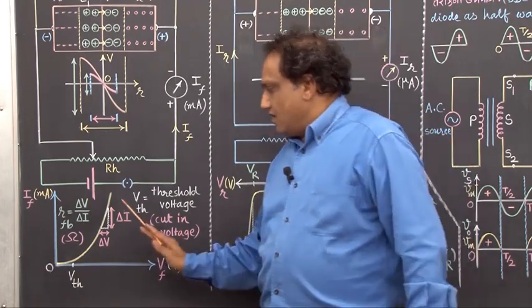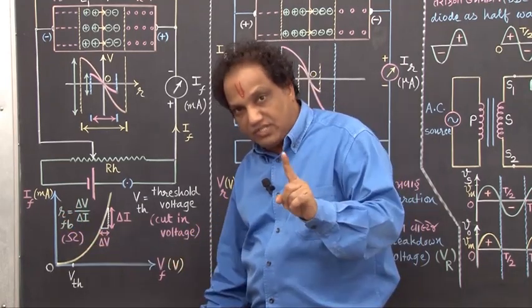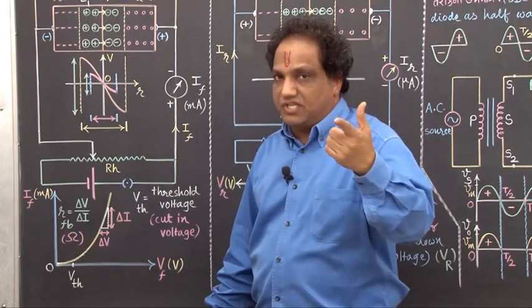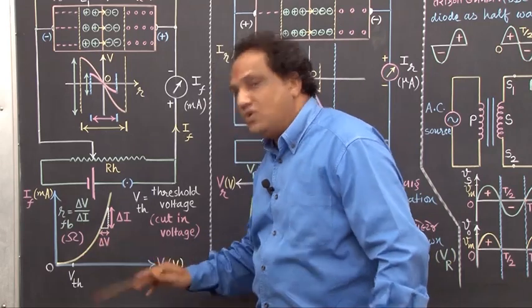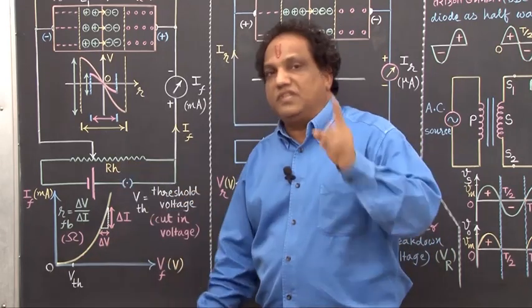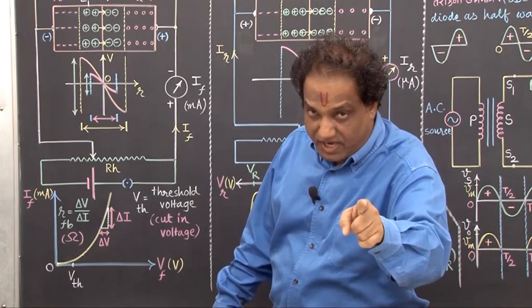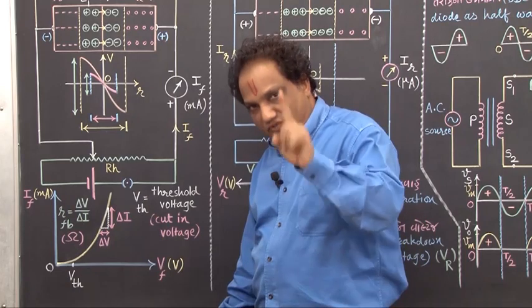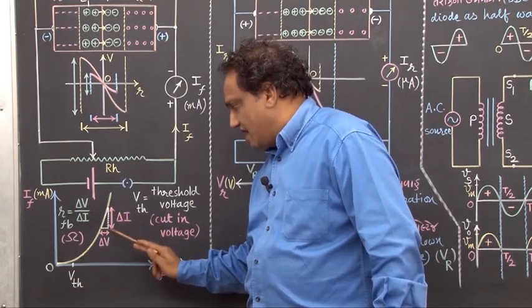Fine. Now if you want to find the resistance of a PN junction diode in forward bias condition, we call it dynamic resistance, because if you find that resistance in different parts of this curve, it is found to be different. That's why we call it the dynamic resistance of a PN junction diode in forward bias condition. For the linear portion of the graph, you can find this delta V value and delta I value.